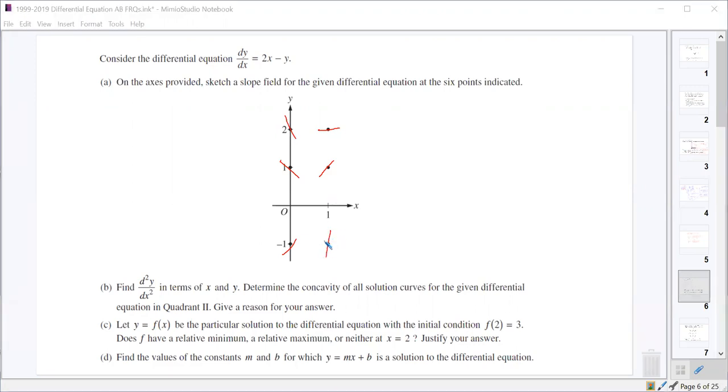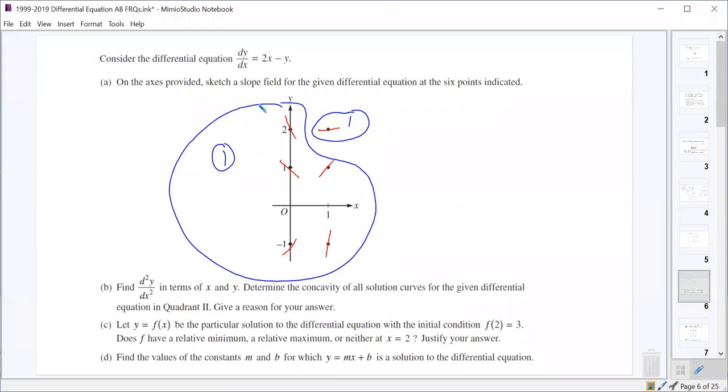And again, this was 2 points, 1 point for that one, and 1 point for all the rest of them.